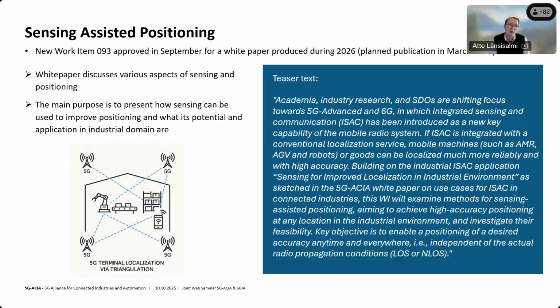AI is everywhere nowadays. The challenge is not only to add sensing to help, for instance, positioning technologies. The challenge is to do that in a way that is economical and feasible for implementations, and that basically means it needs to be done in a simple way.